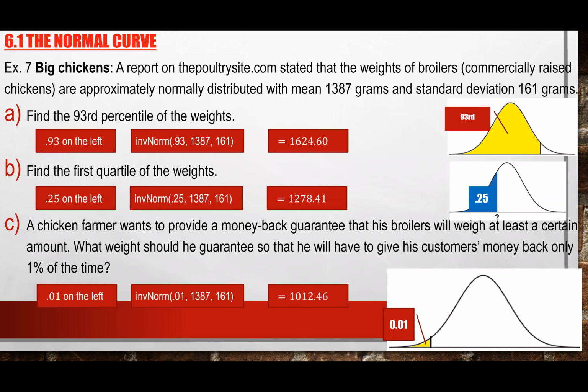Well, if it's the top 1%, it will be the 1% on the right-hand side, right? The top meaning the superior chicken, right? So the percent on the right-hand side will be the top. In this case, he wants to minimize his refund, so the 1% is on the left-hand side. Question here.